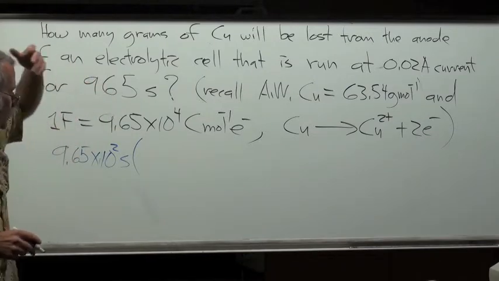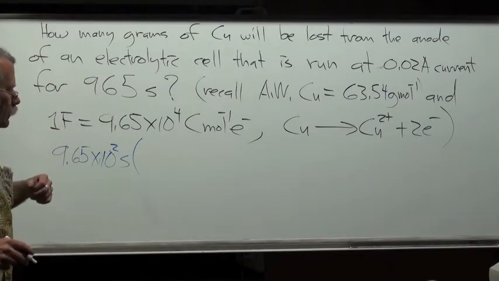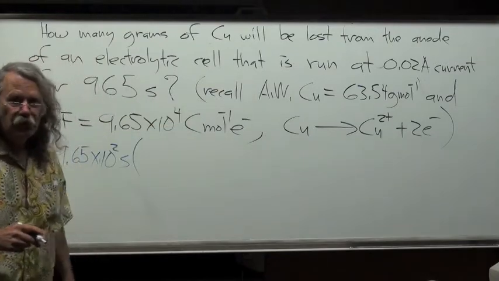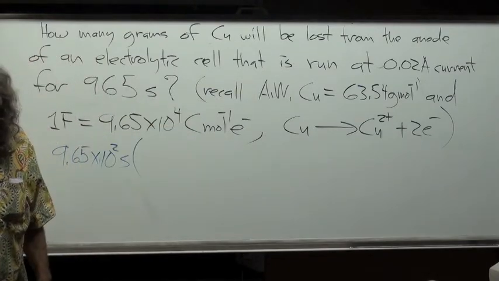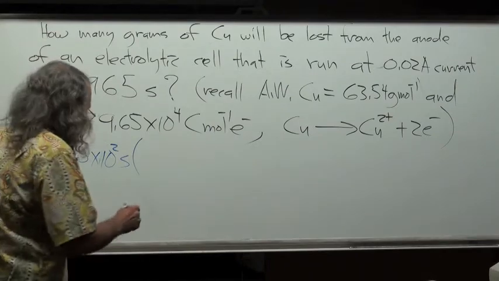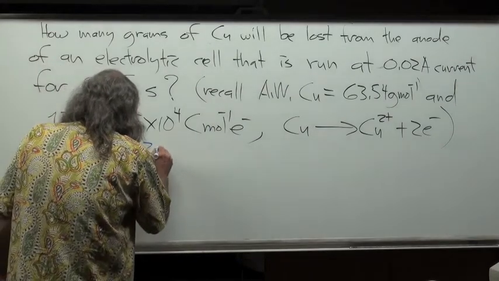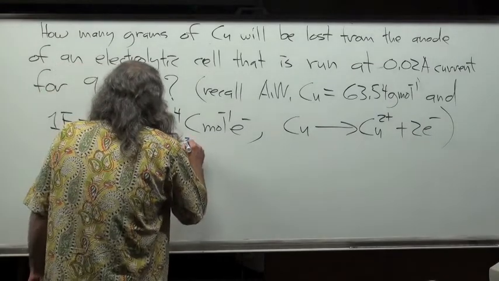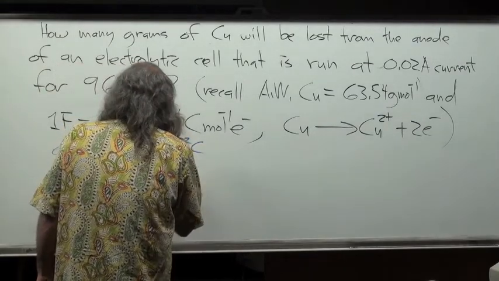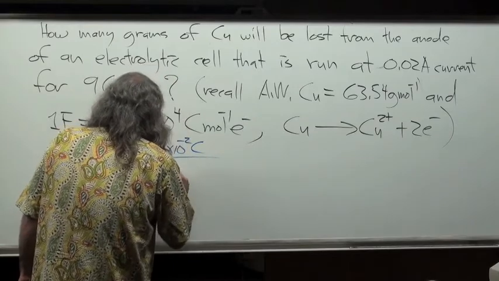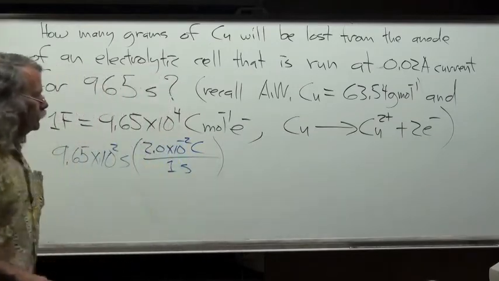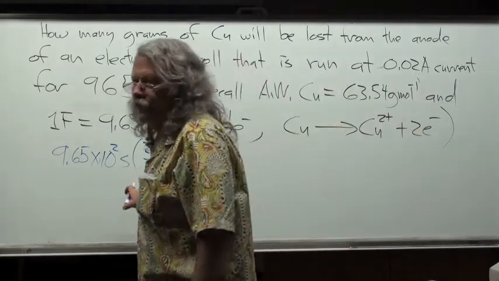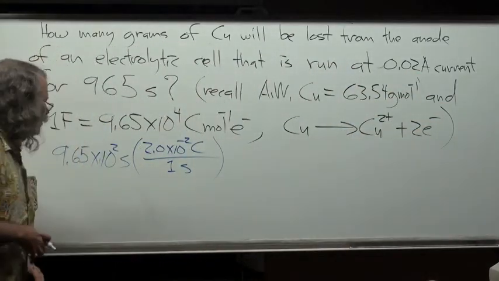Okay, and where's the coulombs buried in this? Amps. What's an amp? A coulomb per second. So I have, and I'm going to write this again, 2.0 times 10 to the minus 2 coulombs for every 1 second. That's 0.02 amps. Again, the scientific notation is going to make life a little bit easier.